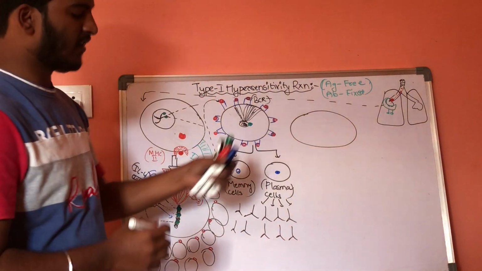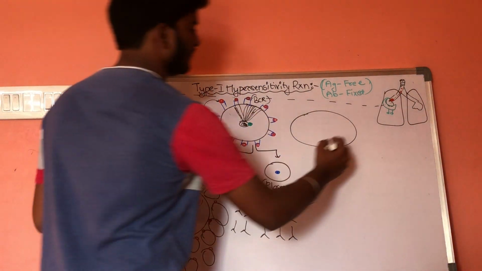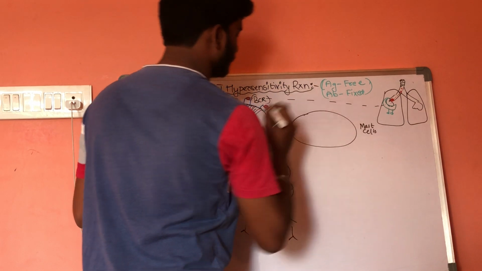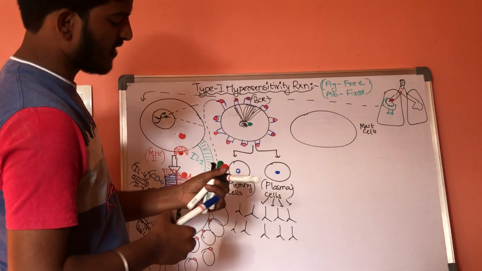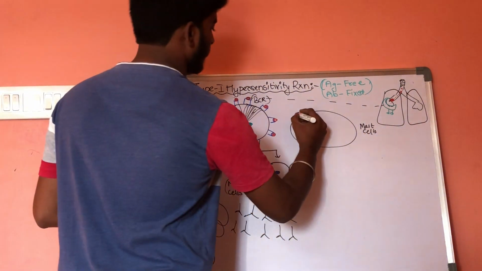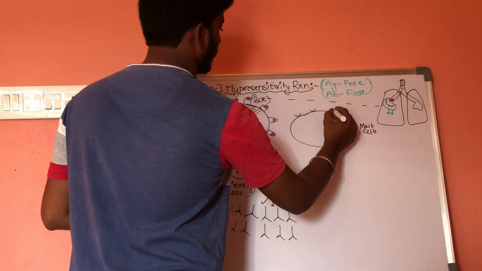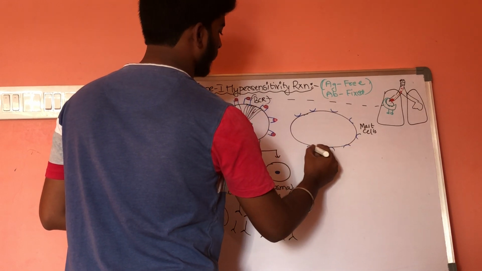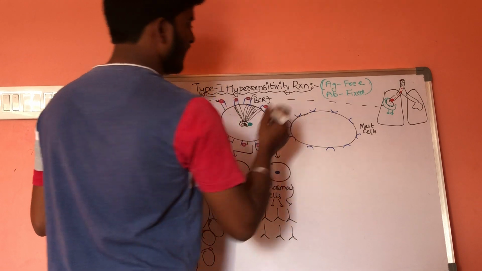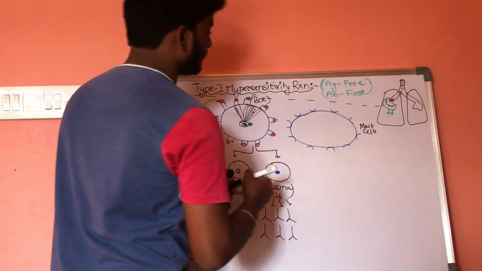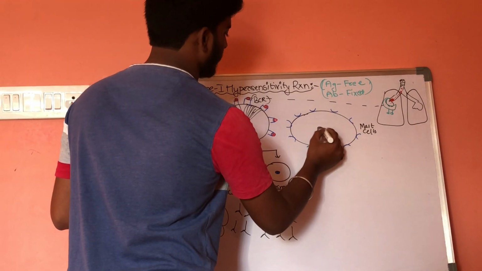Let us consider this is one mast cell. On the surface of the mast cell, it consists of receptors for antibodies, and this is the nucleus.